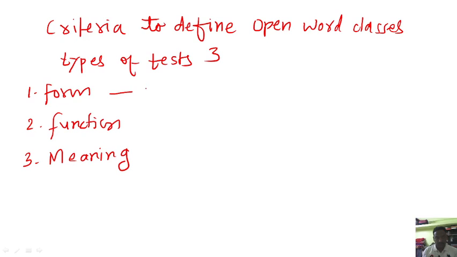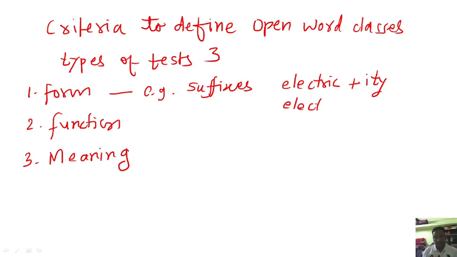Let's, for example, just talk about the form. You know that there are suffixes that often go with the noun. For example, electric, and you attach ity as suffix, and the noun is formed: electricity.